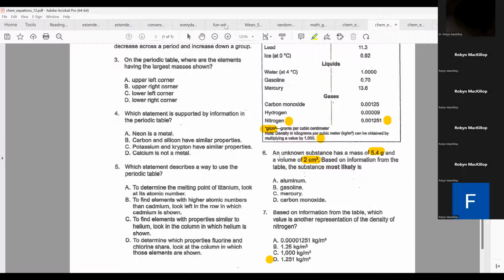Let me grab the other page that we're going to do. I have another question, Doctor. The questions related to the periodic table of the elements, are they going to show us that table? Yes, if they want you to answer a question about the periodic table, they're either going to show you the whole table or a piece of it, the piece that you need.